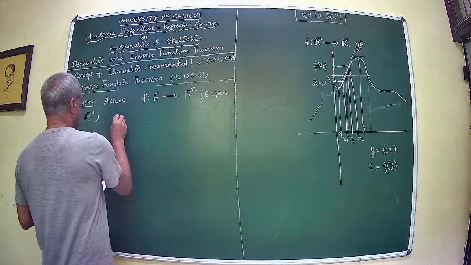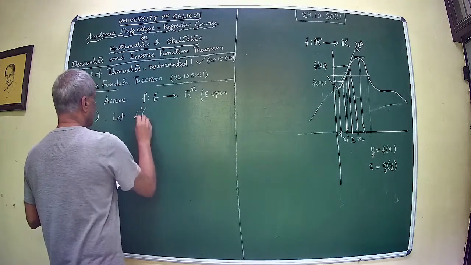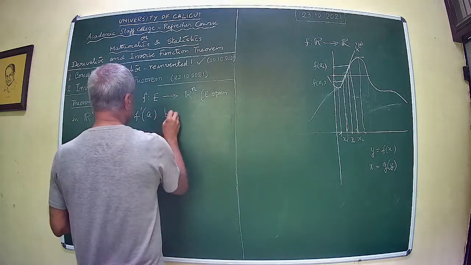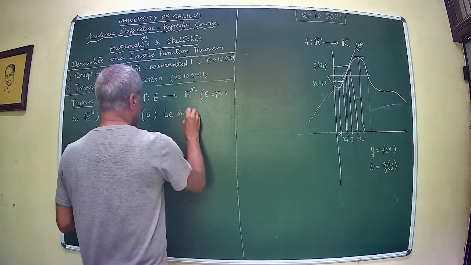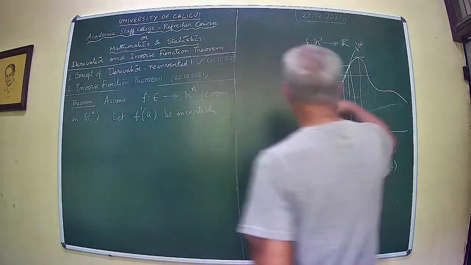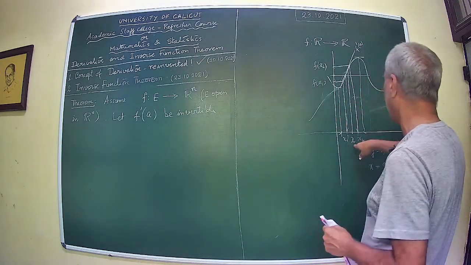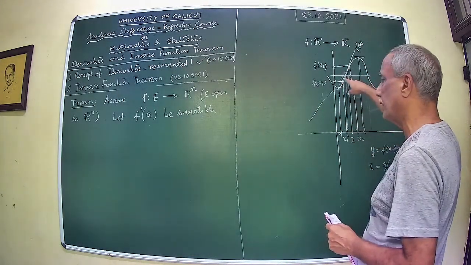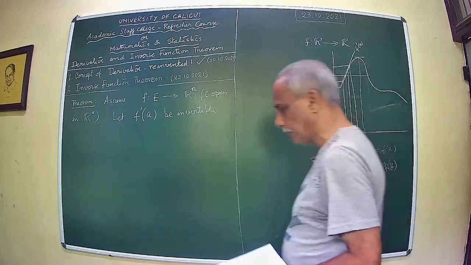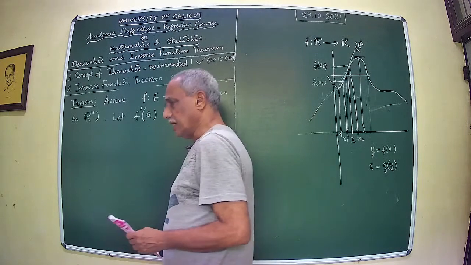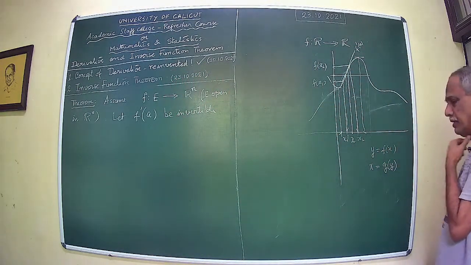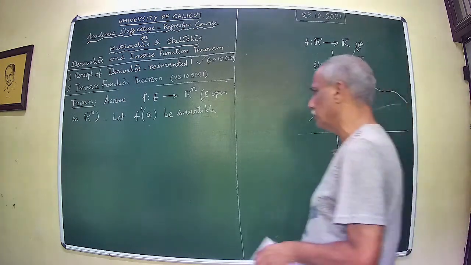Let f derivative of a be invertible. Here we have said f derivative at a point is not equal to 0, which, since it's a one-dimensional operator, it's a scalar, and the operator is invertible if and only if that number is not equal to 0.